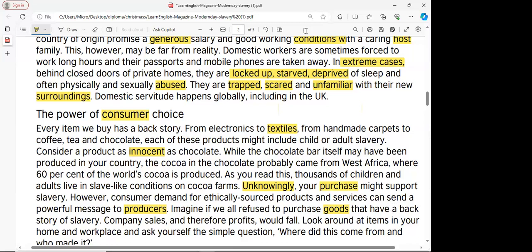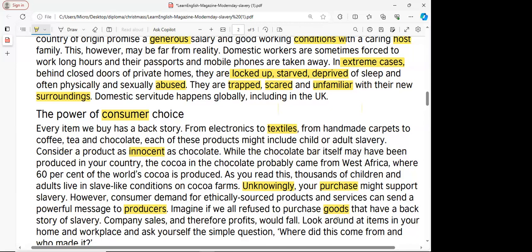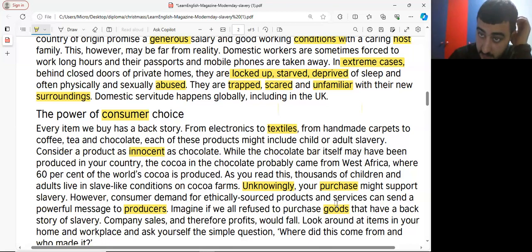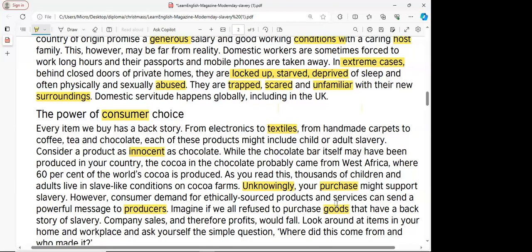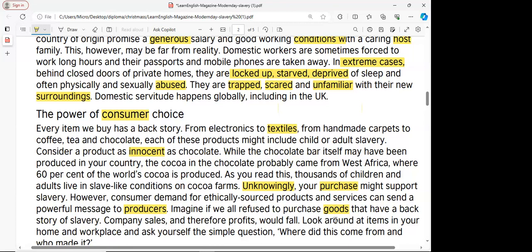Purchase. Purchase. Yes. شو يعني purchase؟ ما أعرف. إلها كلمة ثانية to buy something. يعني شراء شيء. بالضبط, الشراء.